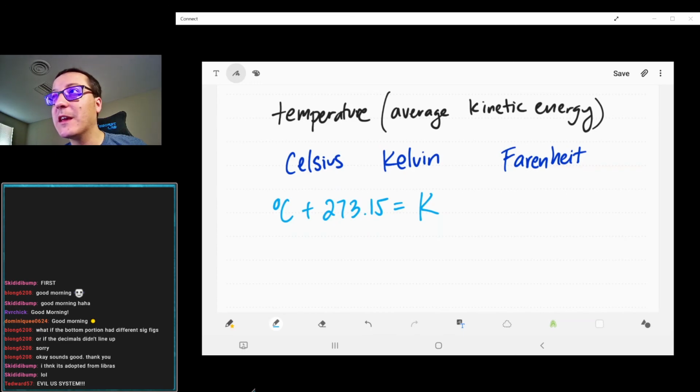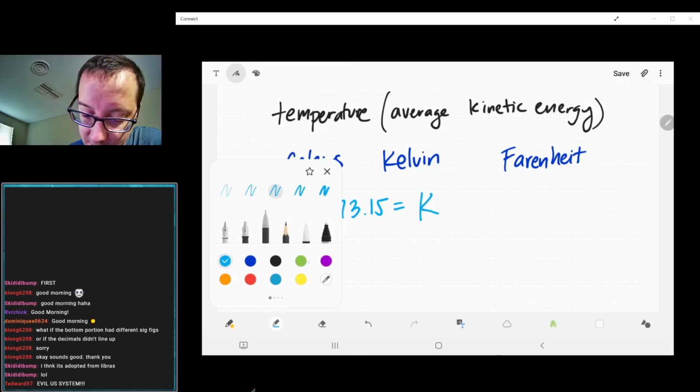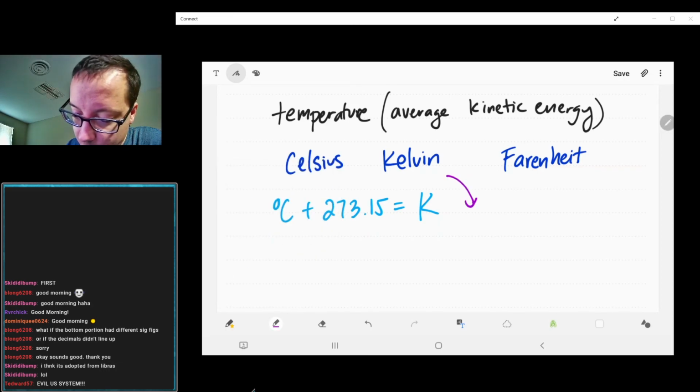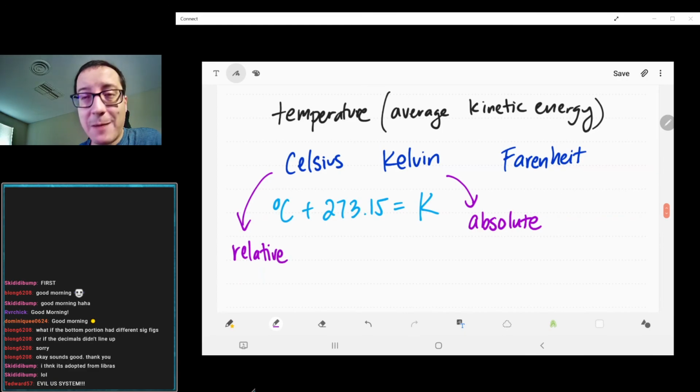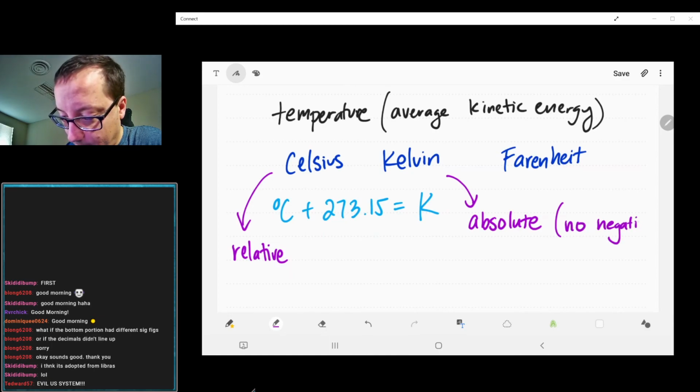What's interesting is that Kelvin is an absolute scale, whereas Celsius is a relative scale. What absolute scale means is that there is no negative, whereas a relative scale can be negative.